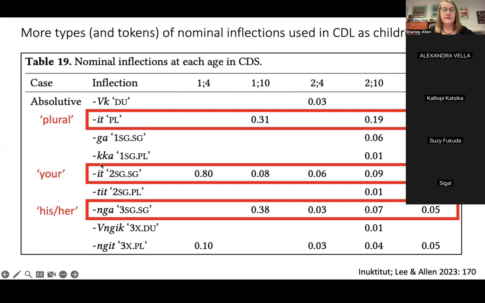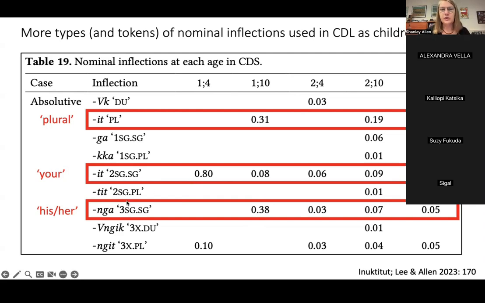Then the same form eat, meaning your, the second person singular possessor and singular possessee, accounts for 80% of inflections at 1 year, 4 months. And nga, meaning his or her or its, is also pretty frequent, comes in at 1 year, 10 months, or in the child-directed speech at 1 year, 10 months.